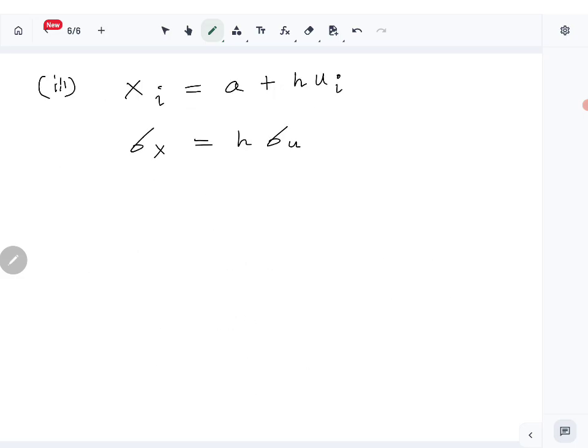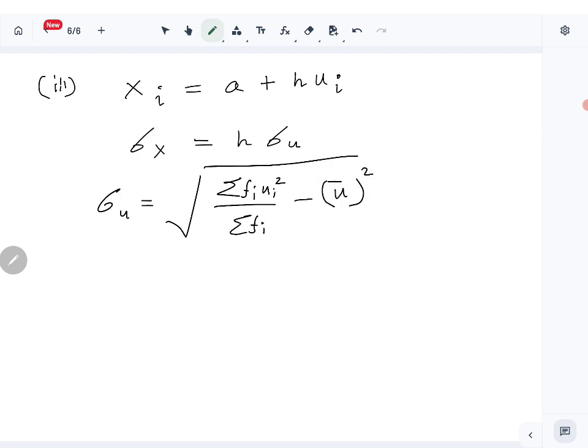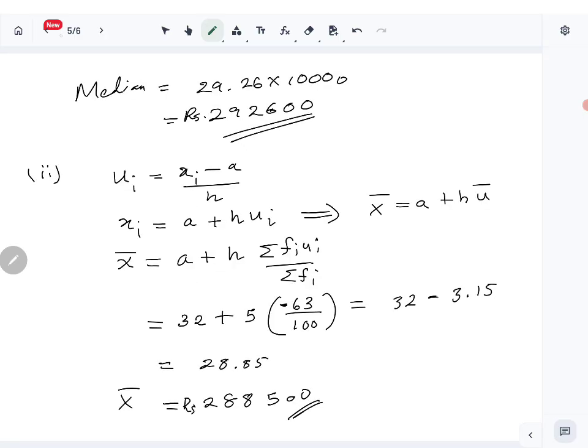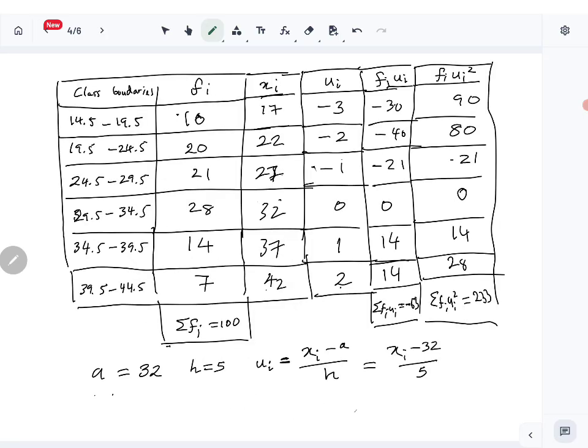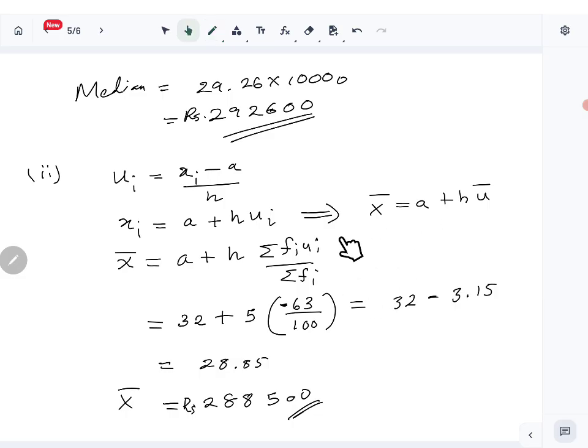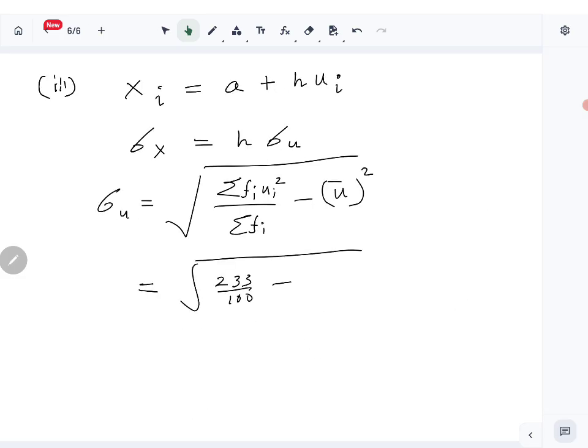Let's find sigma u first, which is the square root of sigma fi ui square over sigma fi minus u bar square. So this one is 233 over 100 minus u bar square. U bar we found earlier: minus 63 over 100, which is minus 0.63. So minus 0.63 squared.